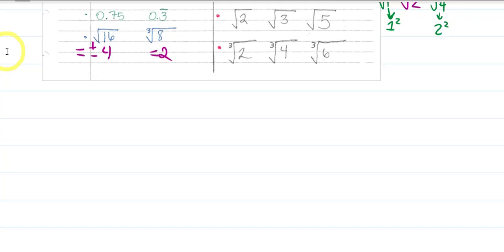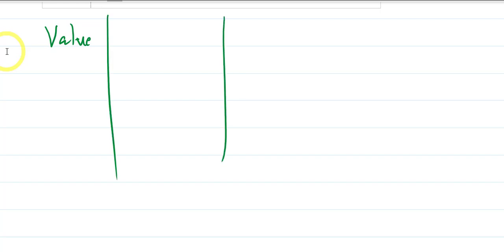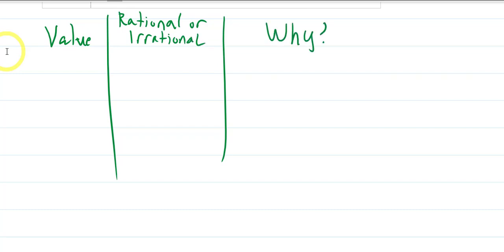So here we have some examples, and we're going to take the value and decide if it's rational or irrational, and we're going to give an explanation as to why. Okay.